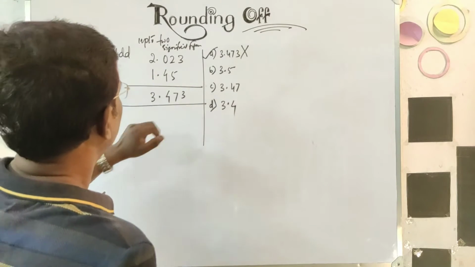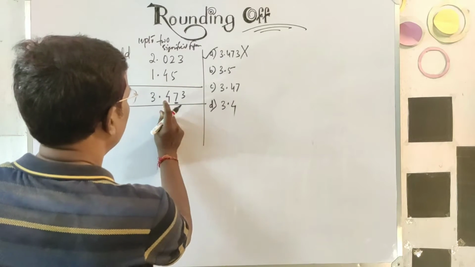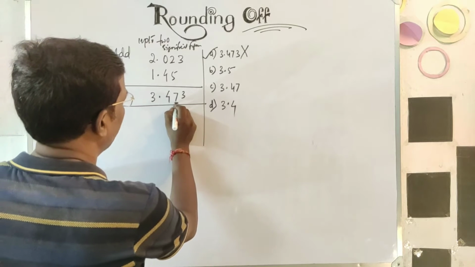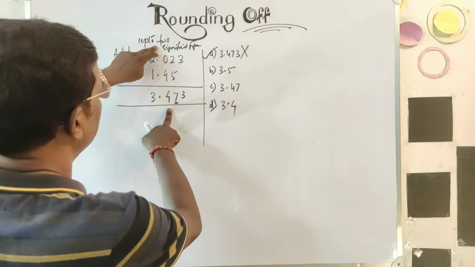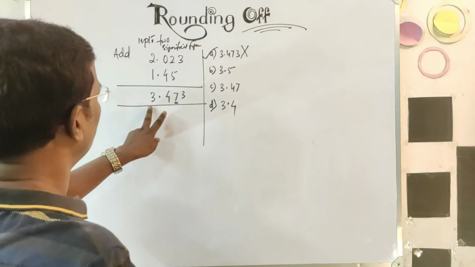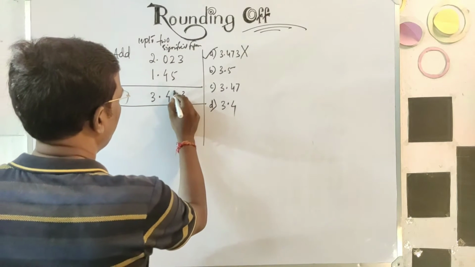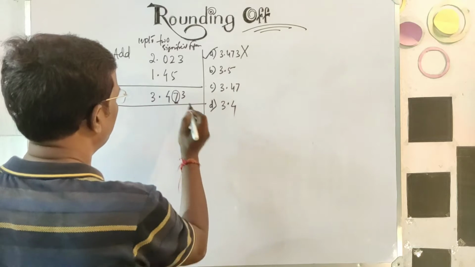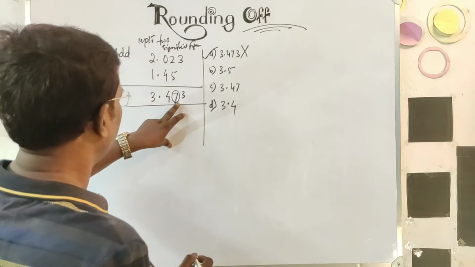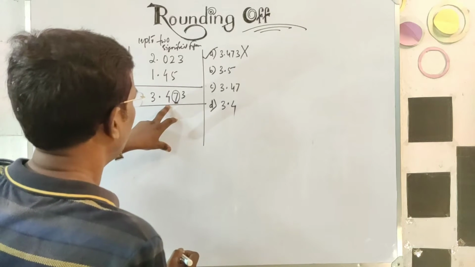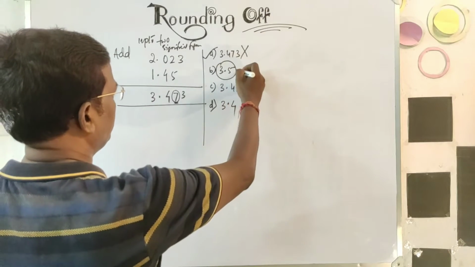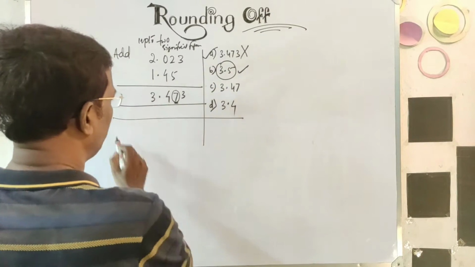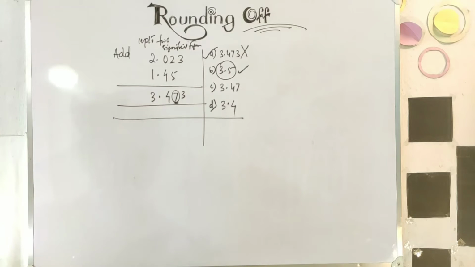We will look at the third place here, which is 7, which is more than 4, and our answer needs to be simplified only up to 2. Now if this number is 5 or more than 5, this one will be added here, and it will be 3.5 straight with the answer.